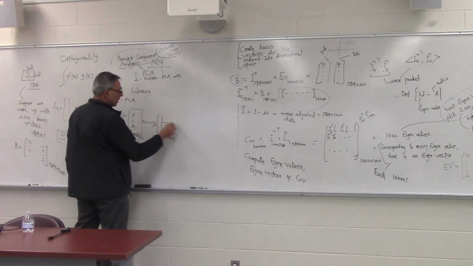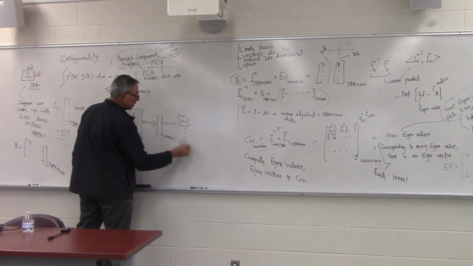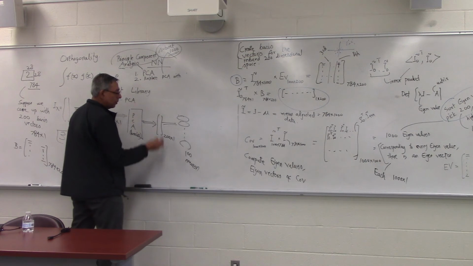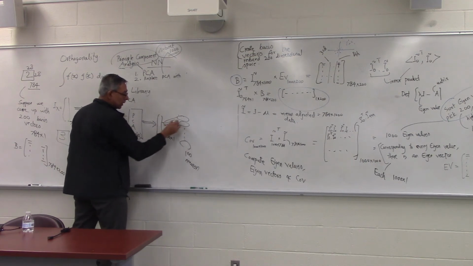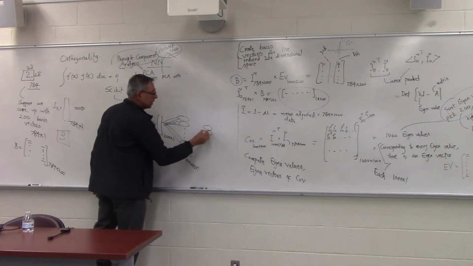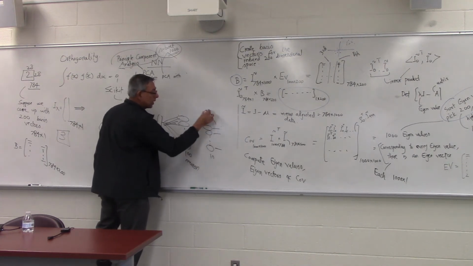Then we'll connect it to our 200 or 100 neurons. It doesn't have to be 200. All of these will go to each and every one. Then 10 neurons as an example, and softmax over here is your output.